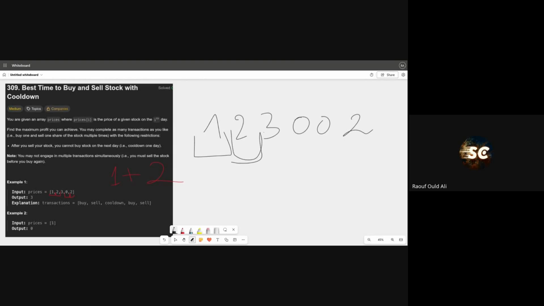We skip this day, then we buy on zero, and we sell on two. So we make a total profit of three. Now, there is a better strategy, which is buying on one and selling on three, then buying on zero and selling on two. You can see here that I obtain a profit of four, not three.